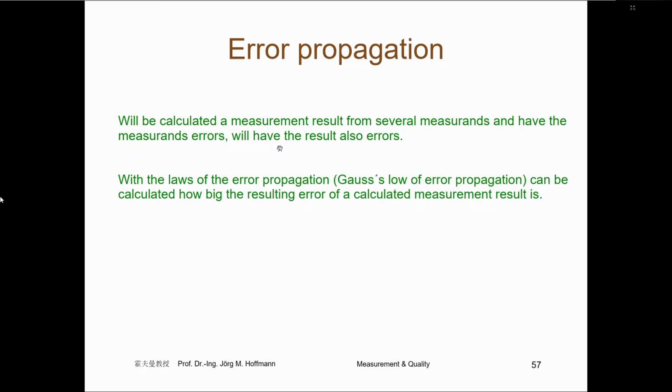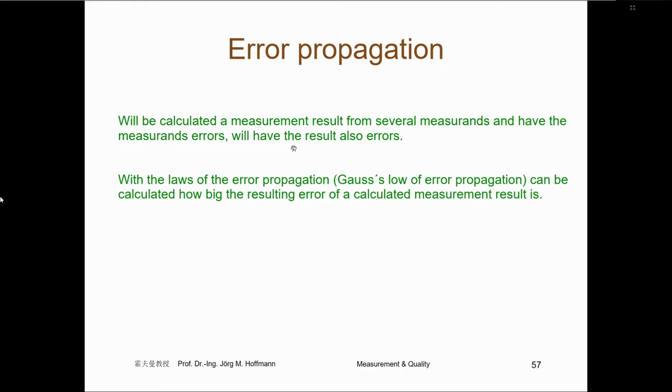Shortly, that means when you calculate an area, you have two length measurements. A multiplied with B is the area. And A has an error, B has an error. And the question is, what is the error of the resulting area in this case?